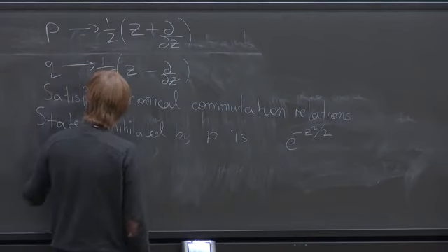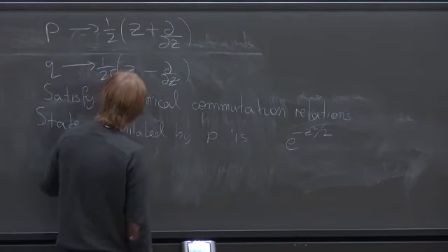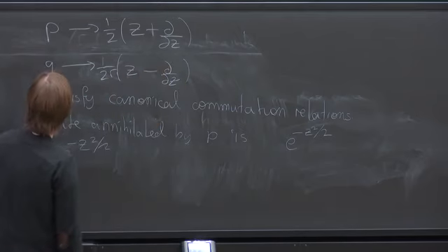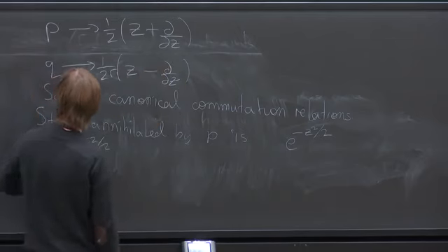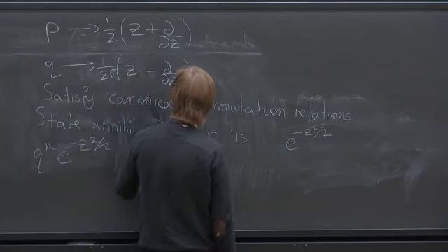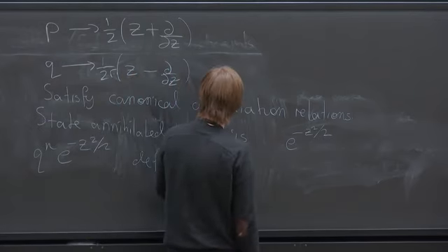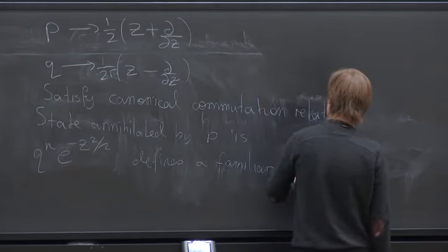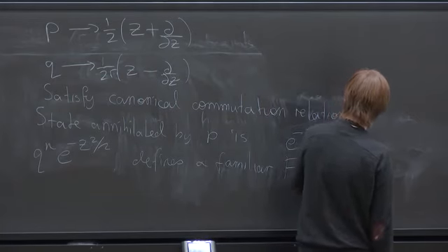So e to the minus z squared over 2 times q to the n defines the familiar Fock space.